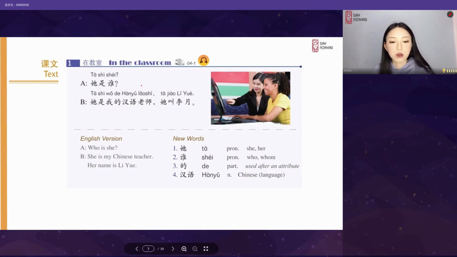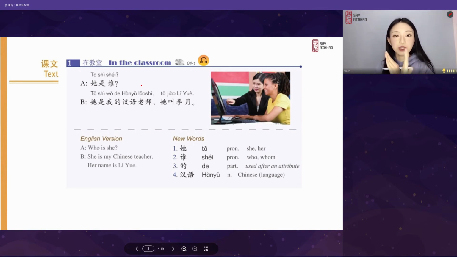So now let's try to read it from the start, okay? Read with me, okay? 3, 2, 1. 他是谁？他是我的汉语老师，他叫李月。Okay, this time I will be A and you will be B. Okay, 3, 2, 1. 他是谁？Very good.